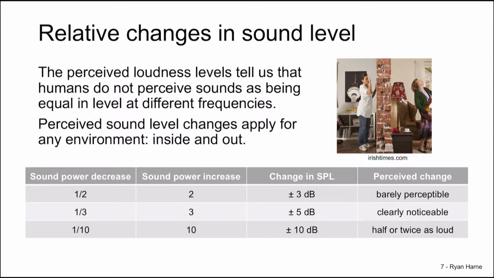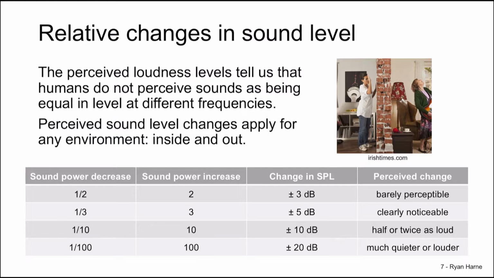But only once we hit a 1 in 10 or 10 times sound power change, that 10 dB sound pressure level change will be half or twice as loud, people recognizing it as being a significant change. And when we go to a 1/100th or 100 times change in sound power, there's a 20 dB change in sound pressure level, and users, consumers, and ordinary people would say that things have become much more quiet or much louder.